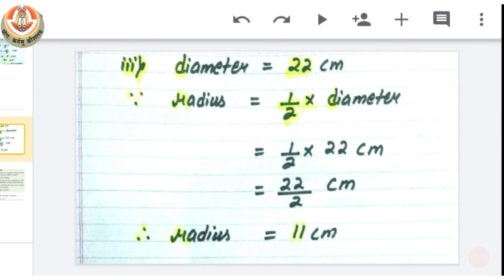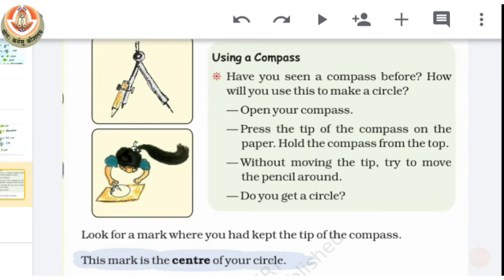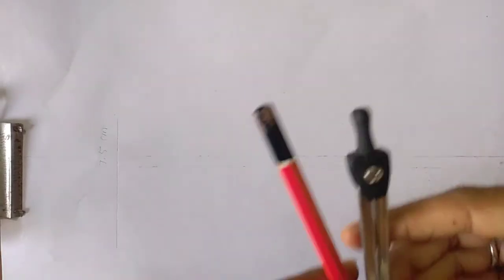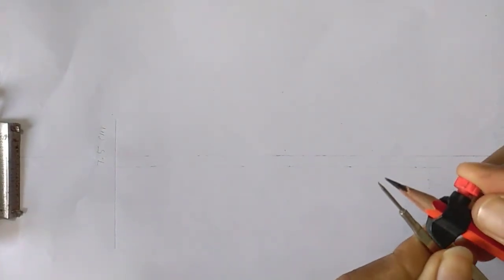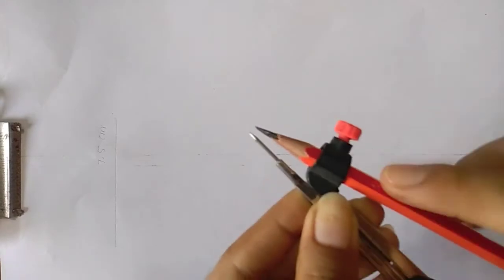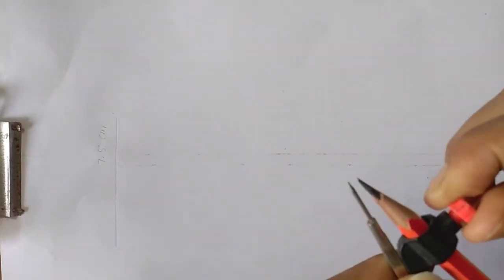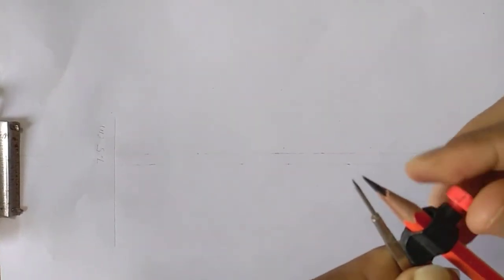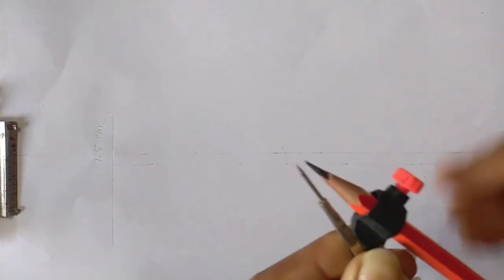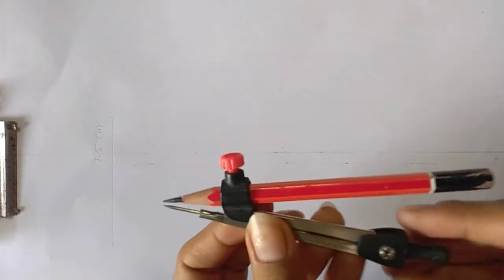Now let's move on to using a compass. In our previous class, we learned how we can use a compass to make a circle. So let's recall it first. To use a compass to make a circle, first we have to put the pencil inside the hole of the compass, and then tighten the nozzle so that the pencil cannot move and is fixed in its position.